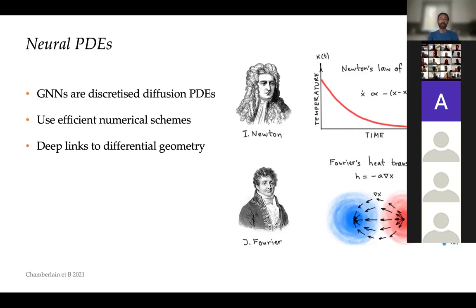The idea is that you can interpret graph neural networks as discretized diffusion partial differential equations. So we call these neural PDEs. And each layer of a graph neural network, or a certain architecture of graph neural network, can be interpreted as a step of an explicit solver, what is called the forward Euler explicit scheme.